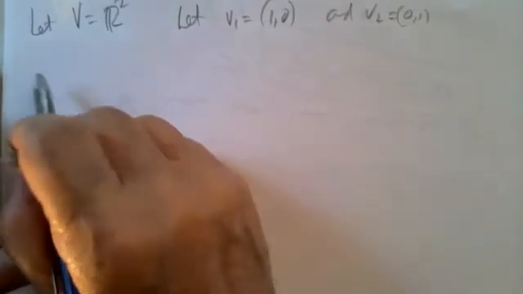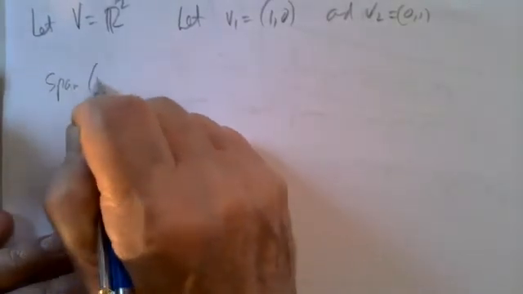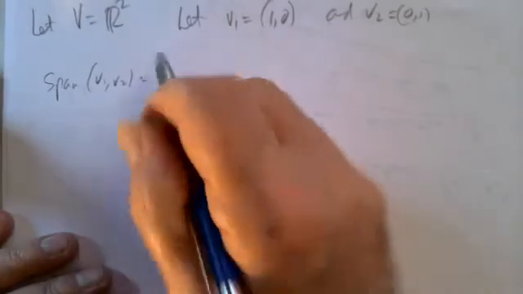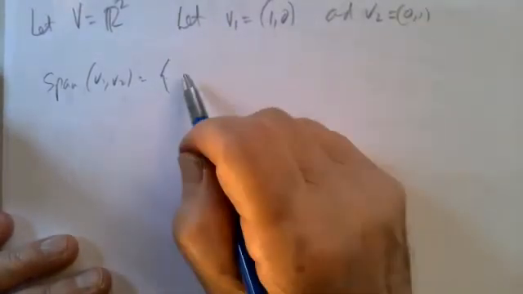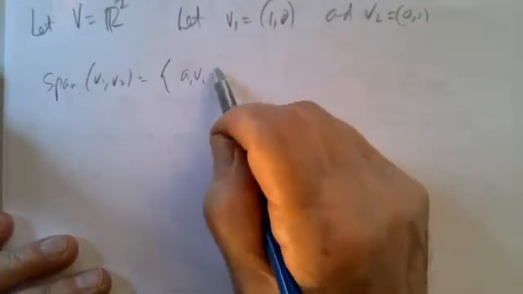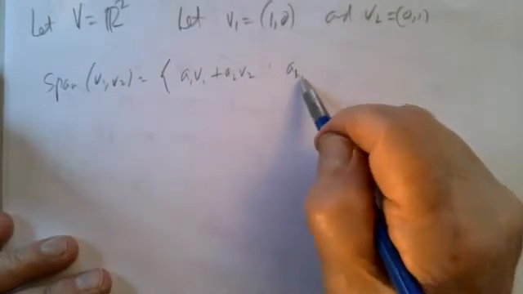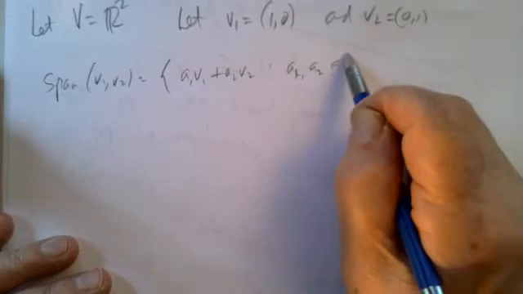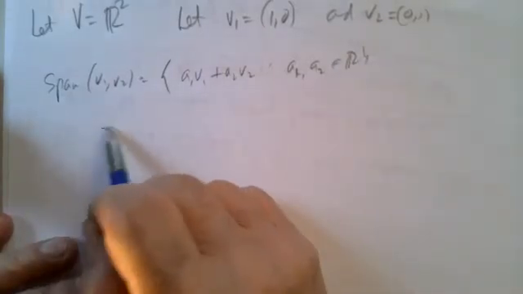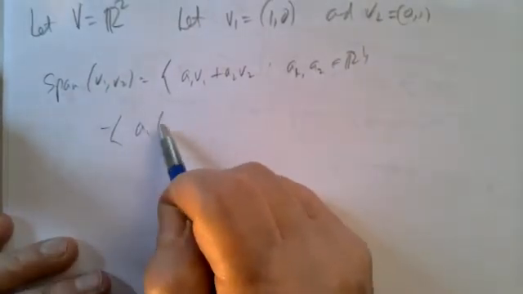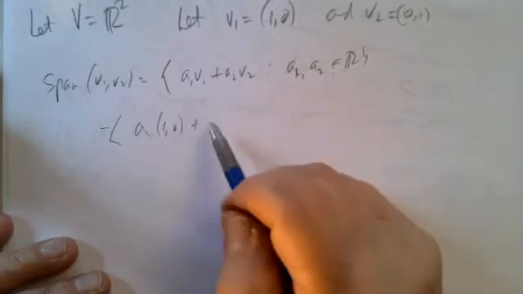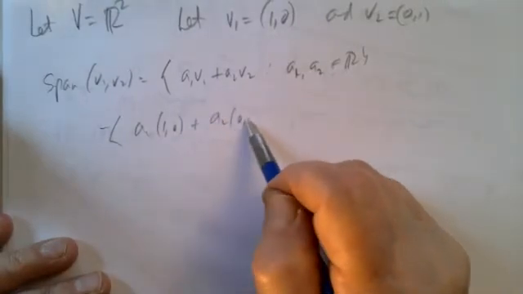If I look at the span of V1, V2, that's the set of all linear combinations A1 V1 plus A2 V2 for all A1 and A2 in R. So this is A1 times the vector (1, 0) plus A2 times the vector (0, 1).